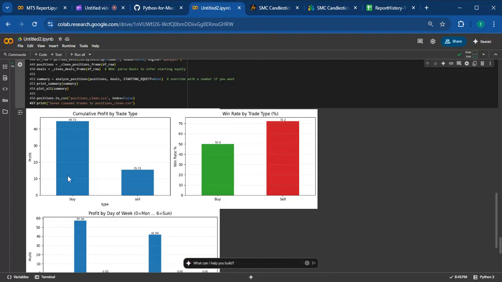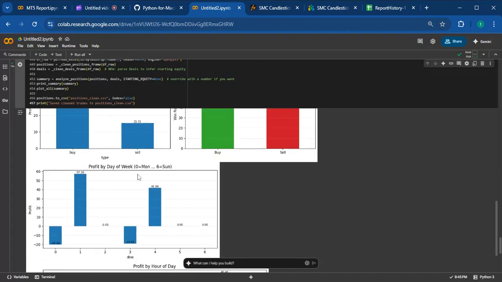This is the cumulative profit by trade. Even though 72% of our sell trades were profitable, they only returned $15, compared to the long trades, which happened to be at 50%.